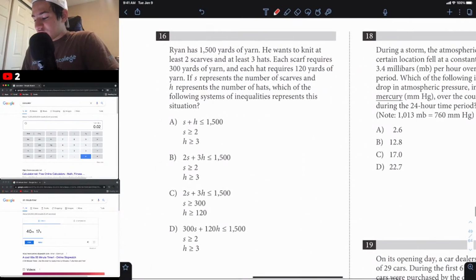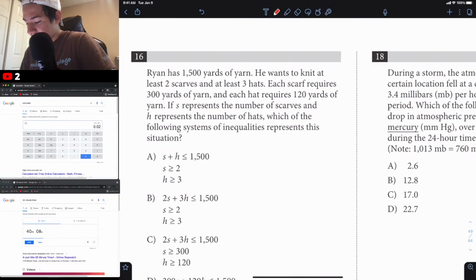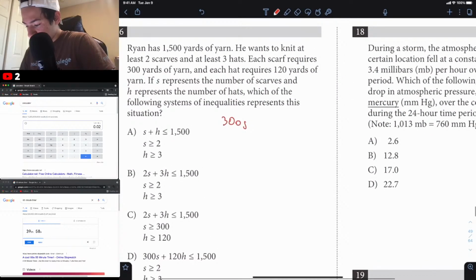Ryan has 1,500 yards of yarn. He wants to knit at least 2 scarves and at least 3 hats. Okay, so each scarf is 300 yards of yarn, so 300 per scarf. And 120 per hat.